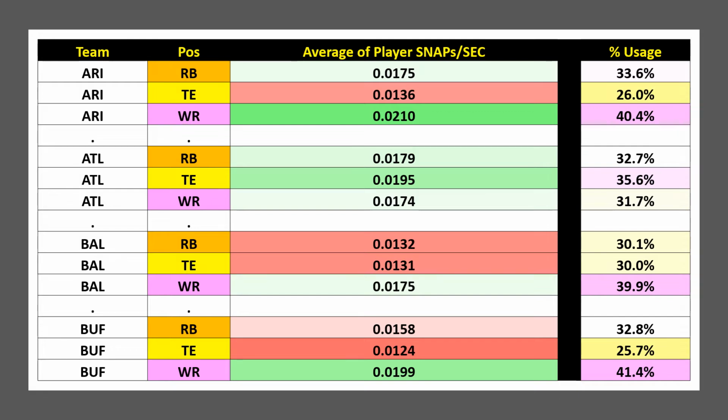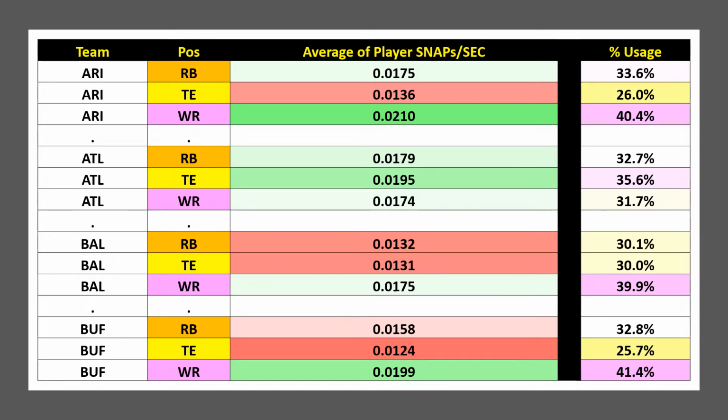So for instance, Arizona, and I colorize purple is high and yellow is low. Arizona, even though there was some blip with Max Williams there, they are still not using their tight end greatly, folks. I know people were looking for that tight end too for streamers, but you're going to have to play into that data here.